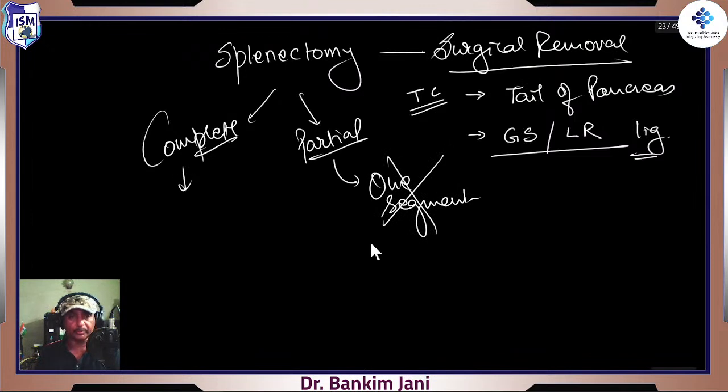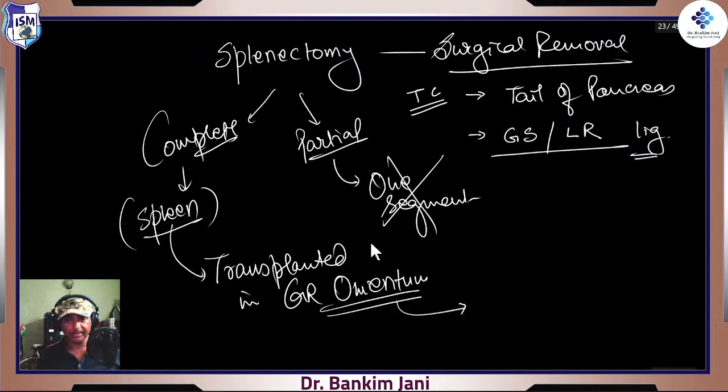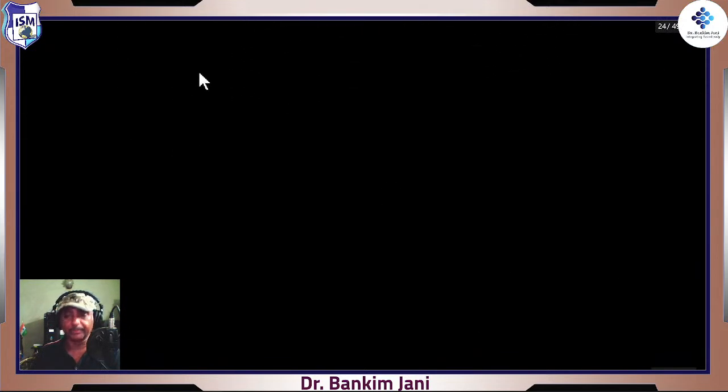Interestingly, when we do a complete splenectomy, the pieces of spleen, those tukras of spleen, can be transplanted, say, in the greater omentum, and from there, silently, they will be taking care of our immunity. So this is doable.